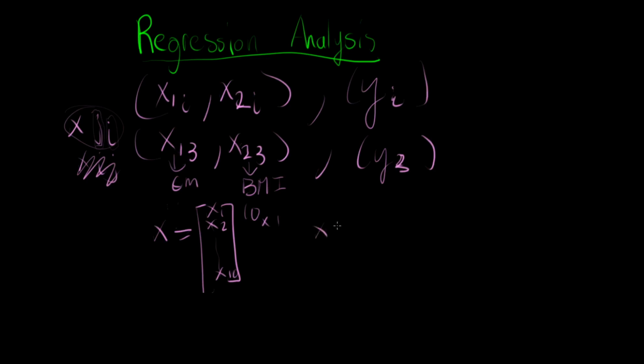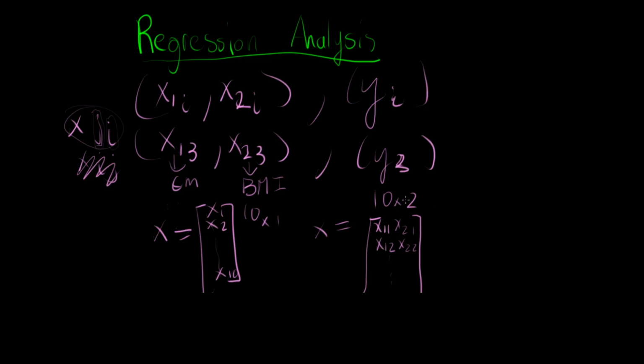Now we're going to have, you guessed it, a 10 by 2 matrix: x11, x21, x12, x22, and it goes on, up to x1,10 and x2,10.